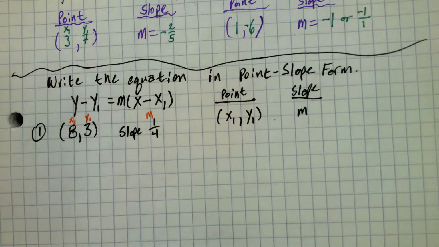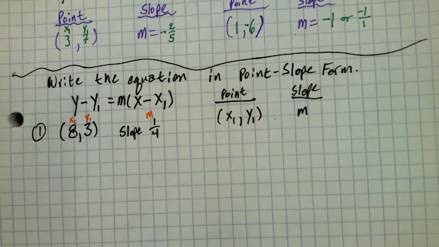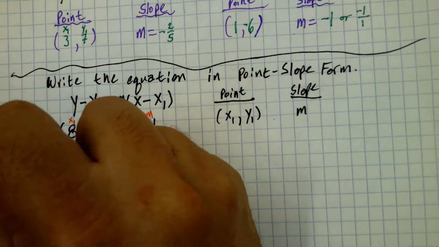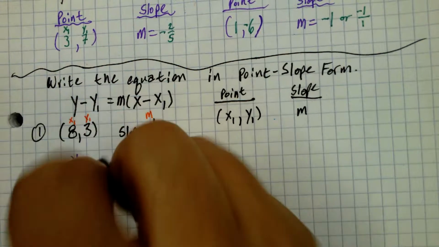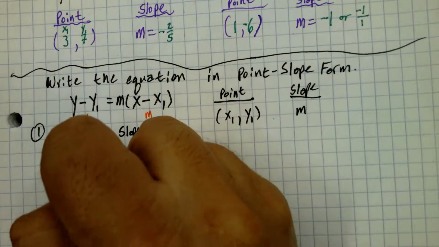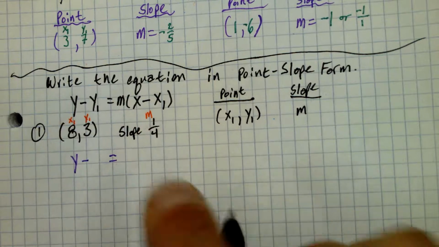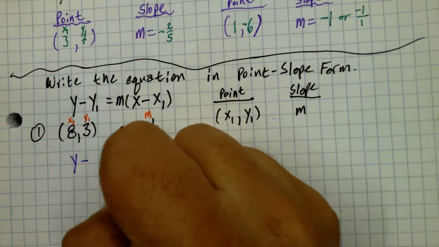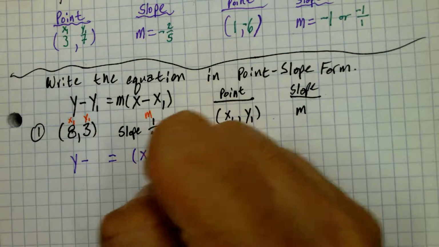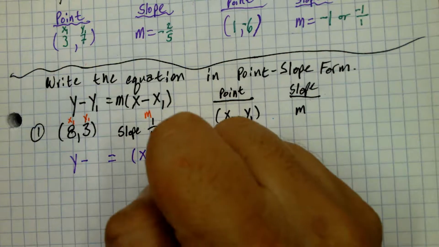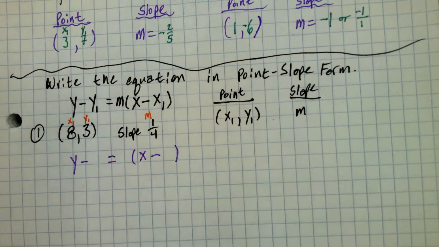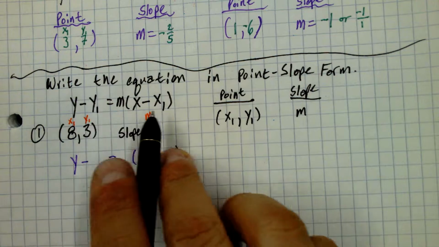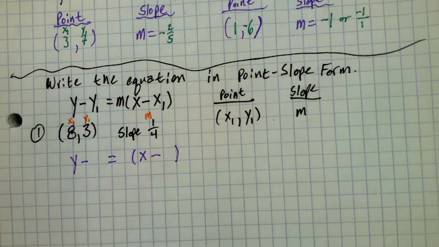So let's go ahead and put this in. What I usually do is the following. Y take away, leave a blank, equals, leave a blank, space, x minus, leave a space. Just kind of fit everything in except the 3 important values. And now we're just going to plop those in there.